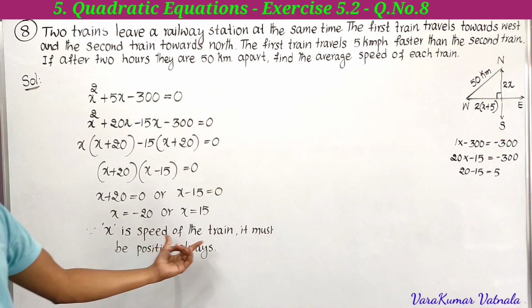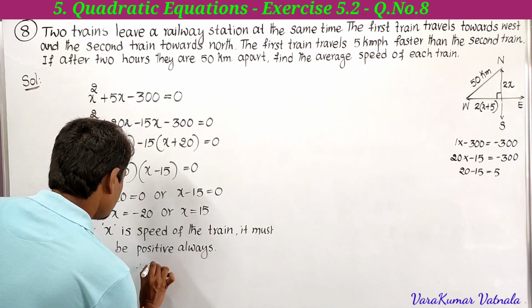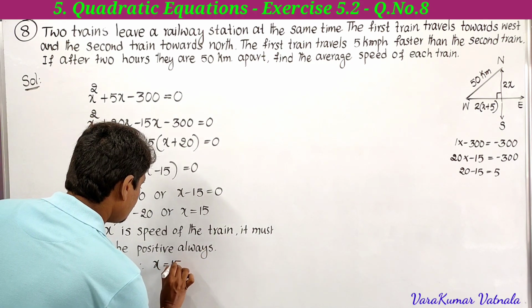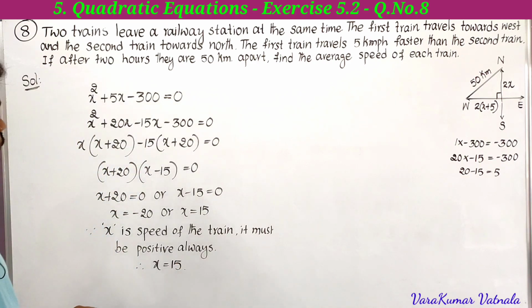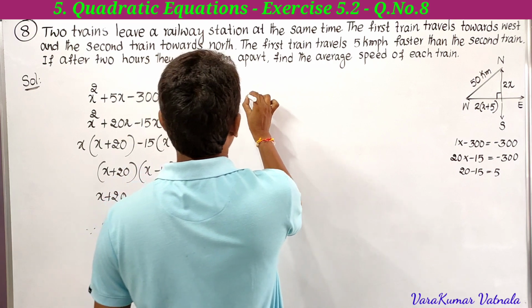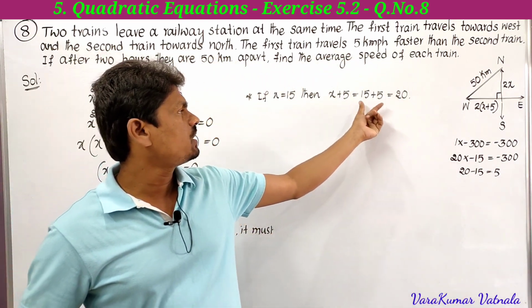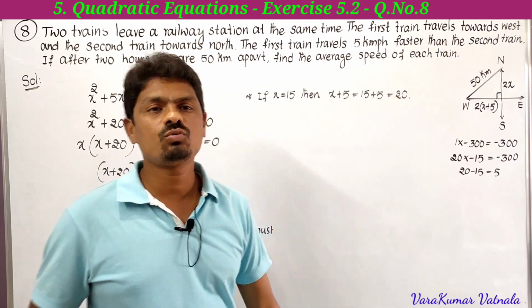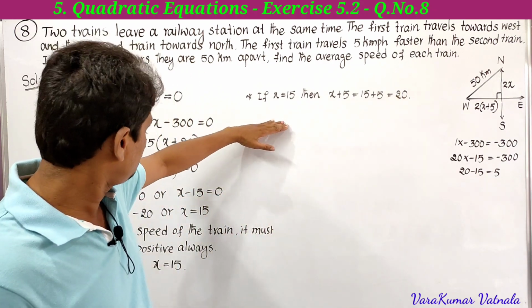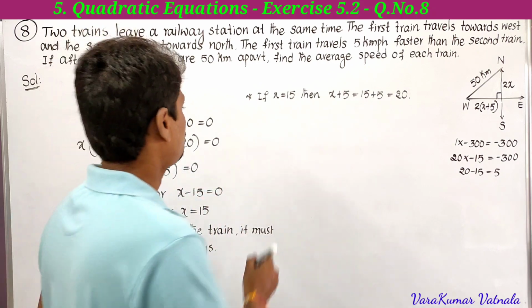If x is equal to 15, x plus 5 is equal to how much? 15 plus 5 is 20. Therefore speeds of the train are 15 kmph and 20 kmph.